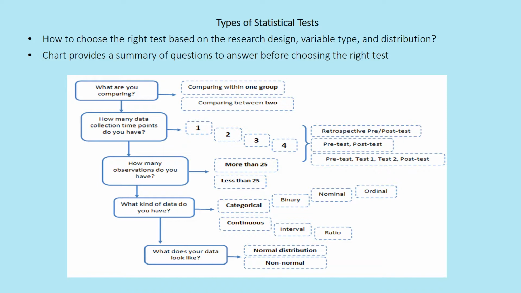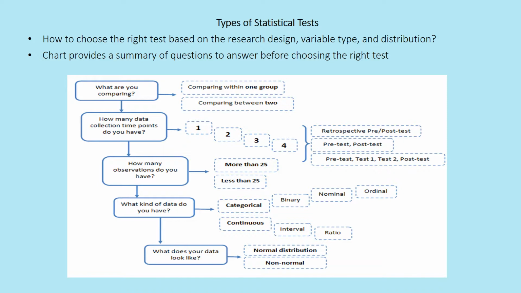We move down and look at the data collection points. Do we have 1, 2, 3, or 4? These are timeline things, when we administer an intervention or provide a test. Let's say we just have 2: a pre-test and a post-test. What if we have 4? Well, we do a pre-test, 2 interim tests, and then a post-test.